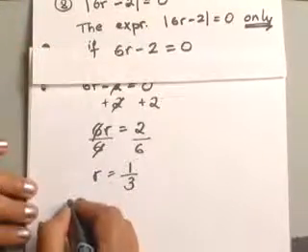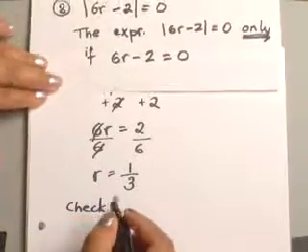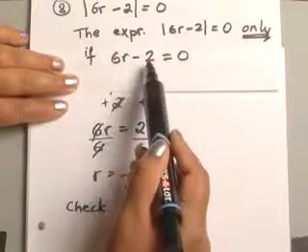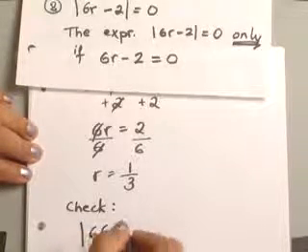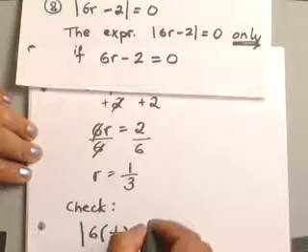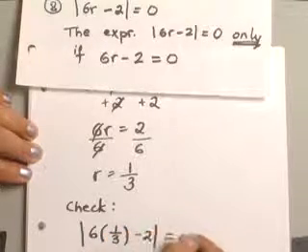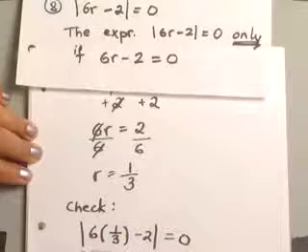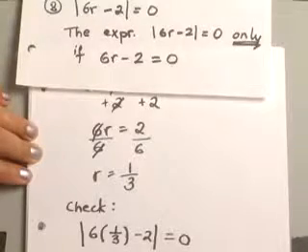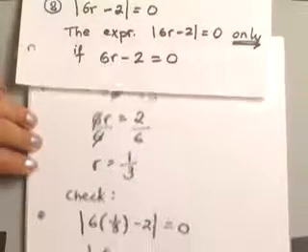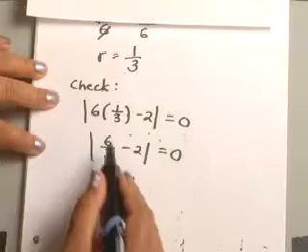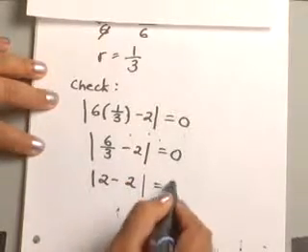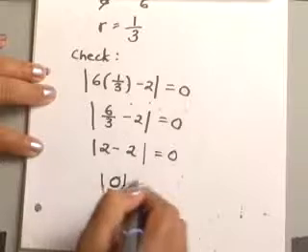Now let's check and see whether, when r equals 1/3, our expression will equal 0. To check our answer, we take 6 times 1/3 minus 2 equals 0. 6 times 1/3 of course gives you 6/3, which reduces down to 2, and you end up with 2 minus 2, which of course is 0.